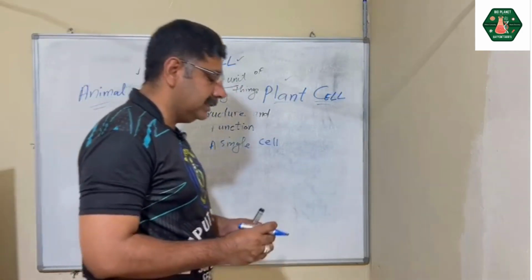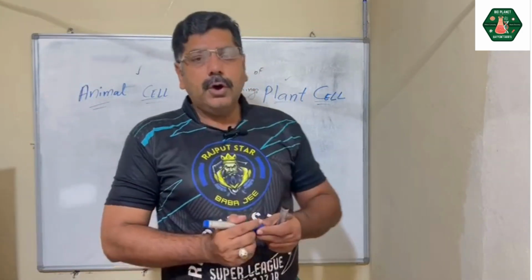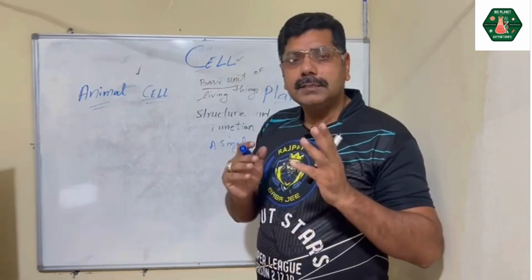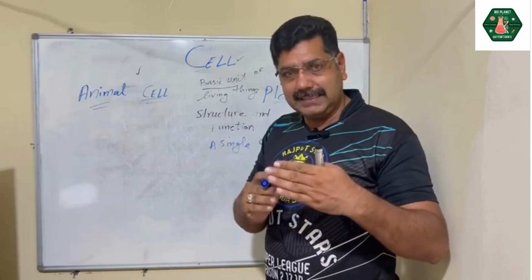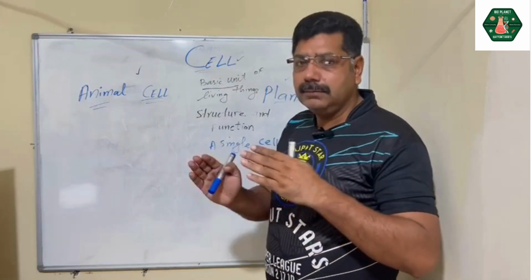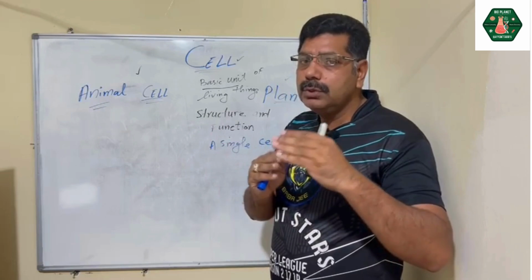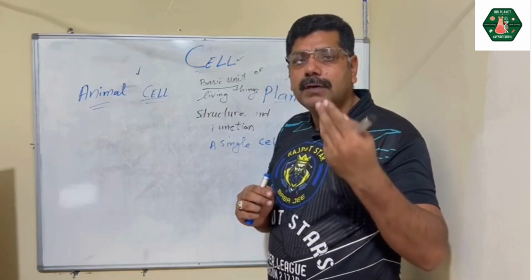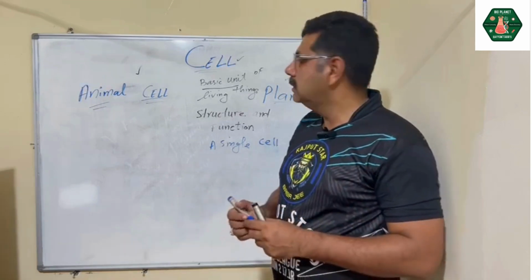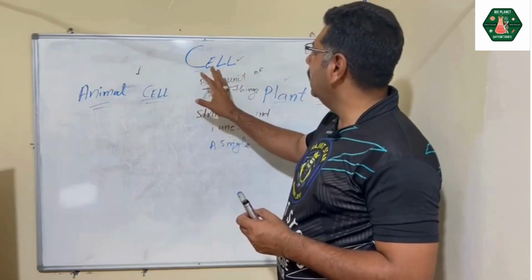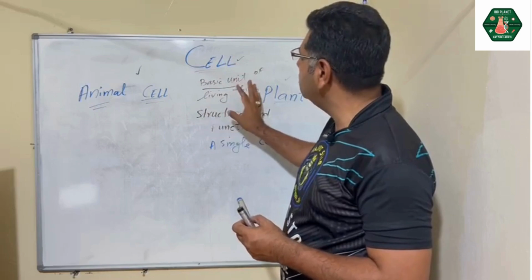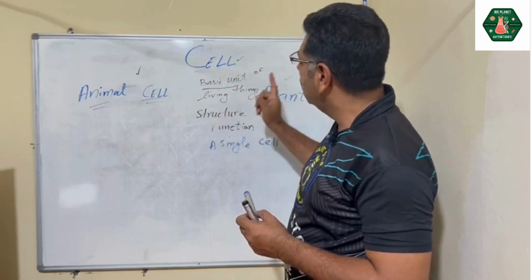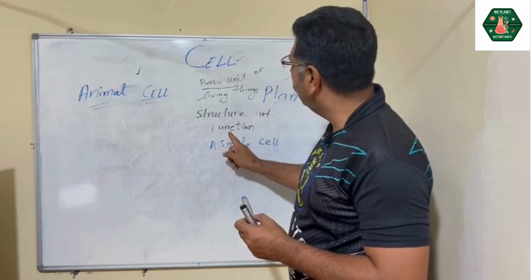But some of the cells perform specific function at a specific place. So they are similar, but due to division of labor, every cell has been given a function to perform. So we say cell is the basic unit of living thing, basic unit of structure and basic unit of function.